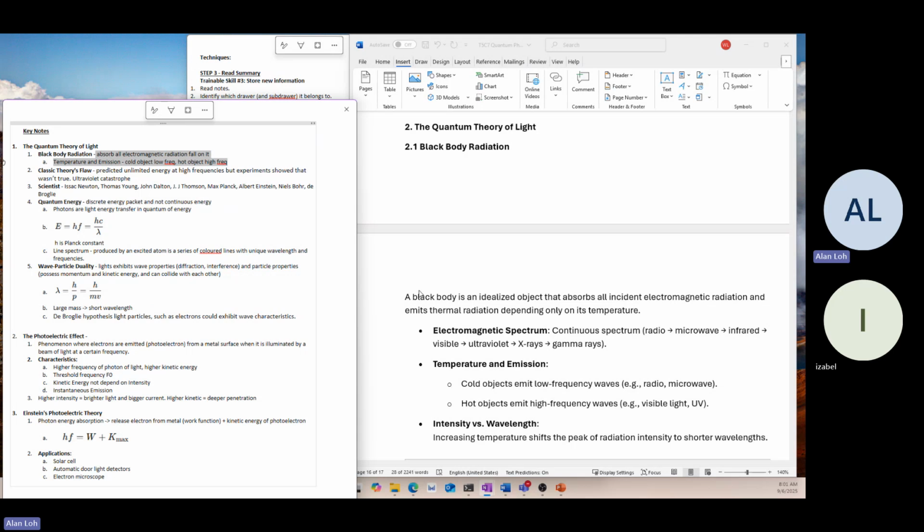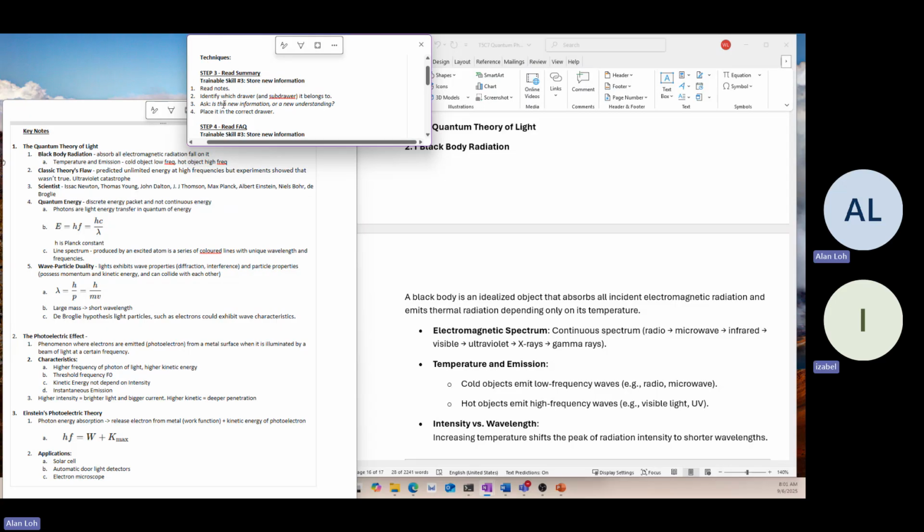We are trying to increase the understanding more and more and increase the new information more and more, right? To train that skill, the skill of storing new information in the right drawer, in the right place, right? So this will be the same technique that we are going to repeat all over again, but with different notes.